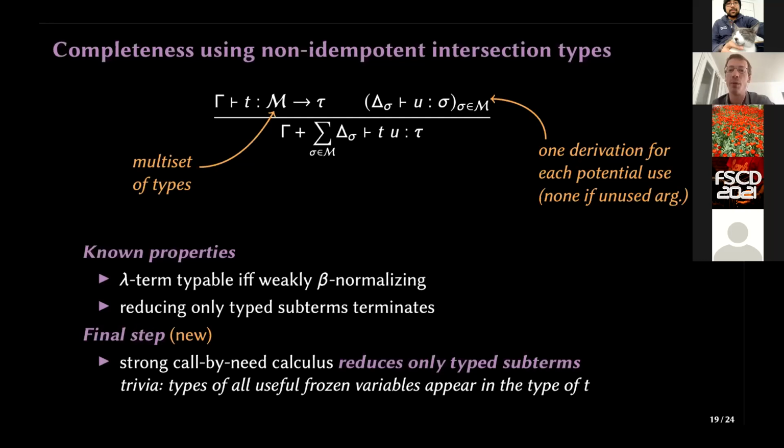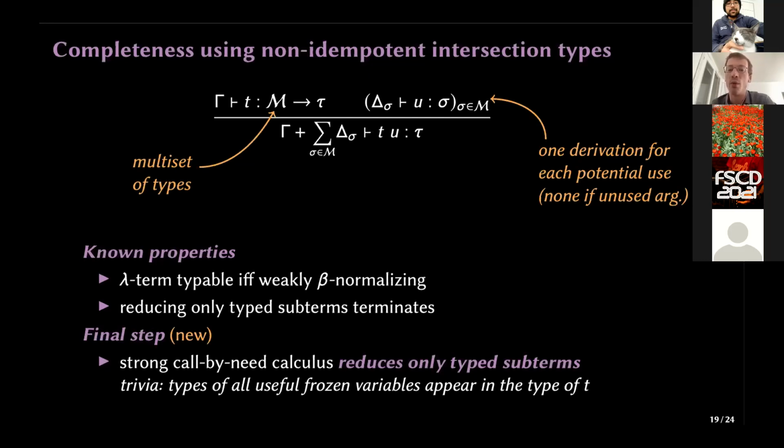So non-idempotent intersection types are quite similar to the type system also presented by Axel just before. A variable will be associated to a multiset of types, so with possible redundancy. This one is non-idempotent. And when we type a function, we'll have on the argument part of the function a multiset of types corresponding to each possible use of the variable of the function.